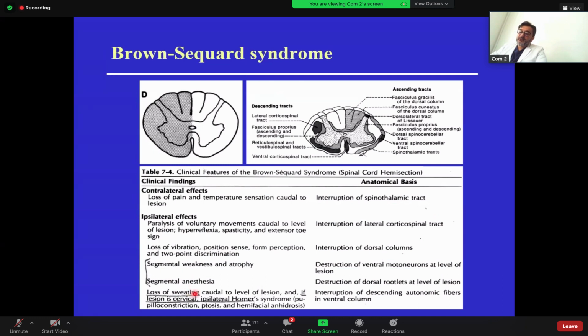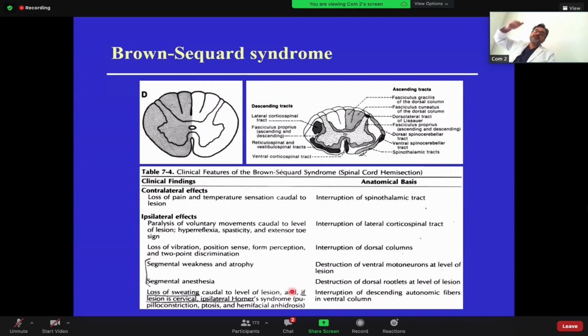And then there is loss of sweating, caudal to the level of the lesion if the lesion is in the cervical part of the spinal cord, which is the ipsilateral Horner syndrome with piloconstriction, ptosis, and hemifacial anhydrosis.